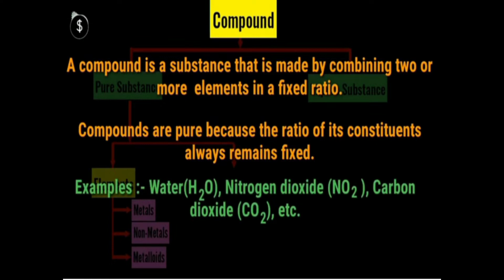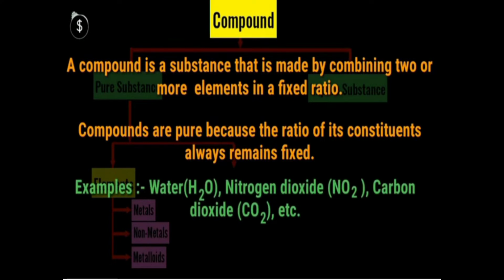Then, what are compounds? Compounds are substances made by combining two or more elements, not atoms, but in a fixed ratio. The elements which are combined should be in a fixed ratio.